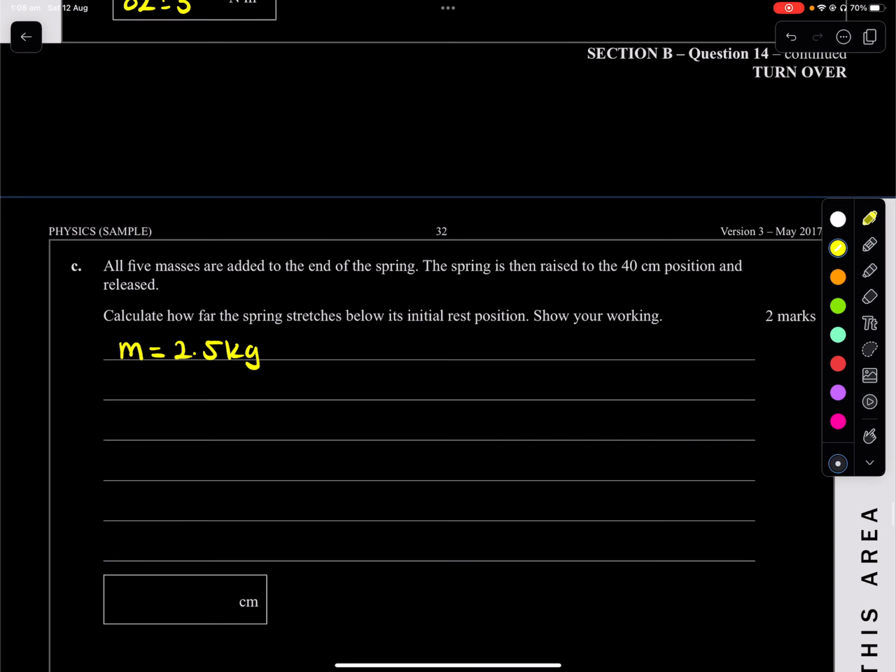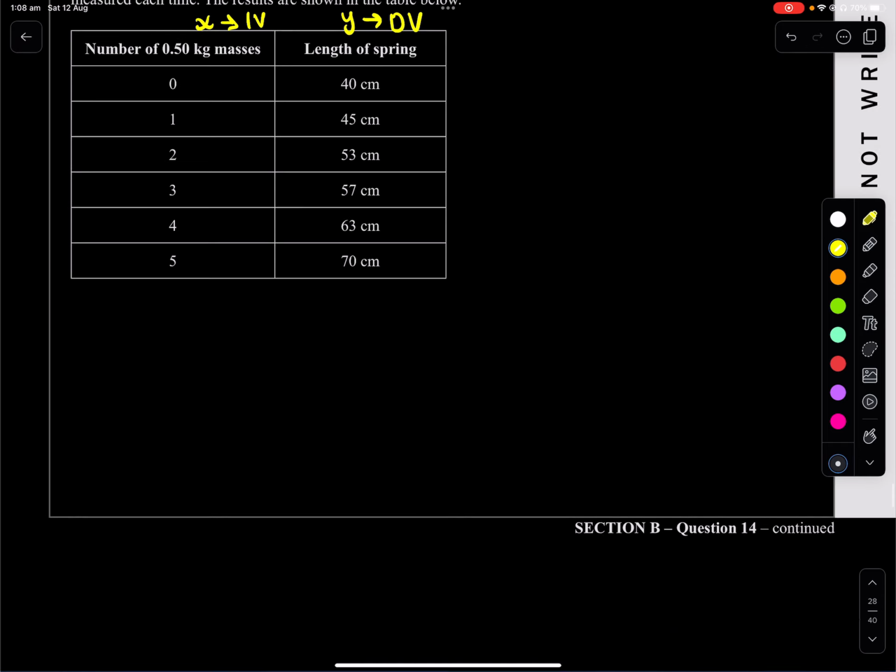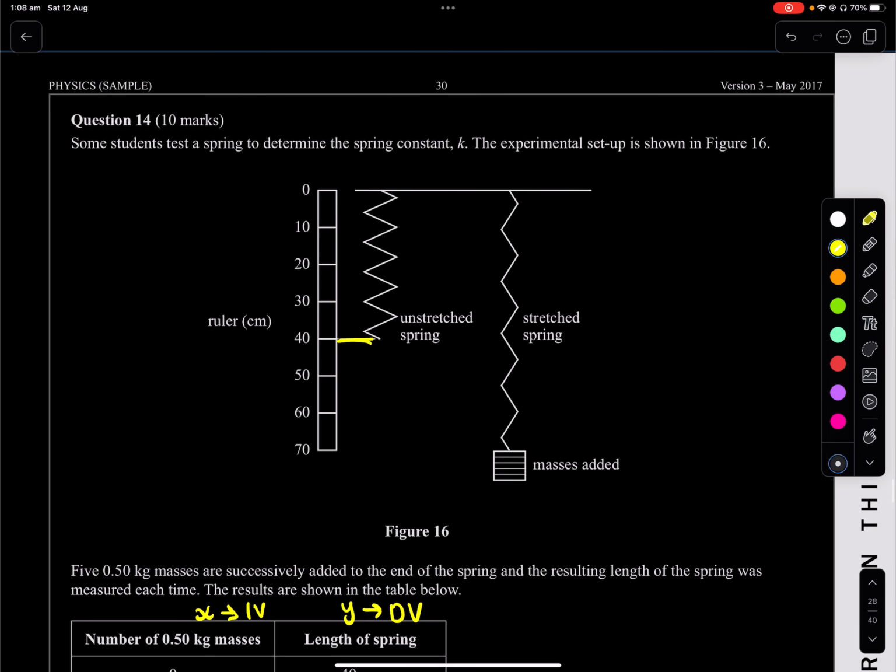So when it's initially at the top, what do we have? The only thing it has is mgh, gravitational potential energy at this point. So mgh is at its maximum. But when it springs down here, all of this is changed to spring potential energy, half kx squared.